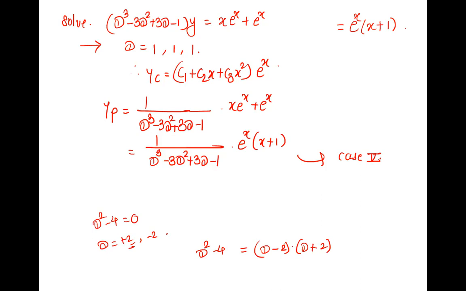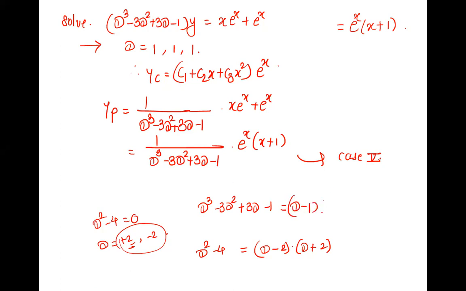Yes, ma'am. So depending on these roots, we can write the given phi d. So your roots here are 1, 1, 1. So d cube minus 3d square plus 3d minus 1, how can we write it? 1, 1, 1 are the roots. So for the first root, you can write d minus 1.